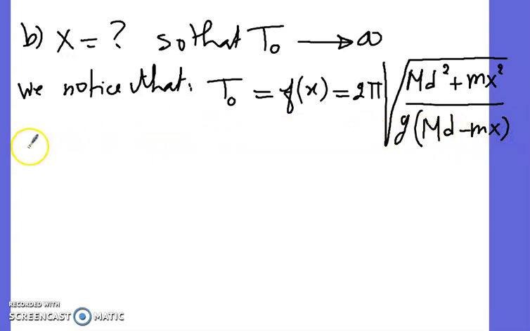You know from mathematics, T0 tends to infinity when the denominator of the function is 0, right?